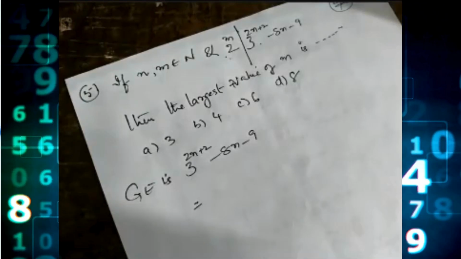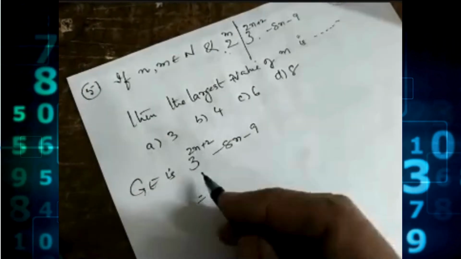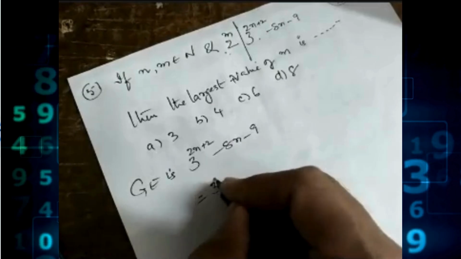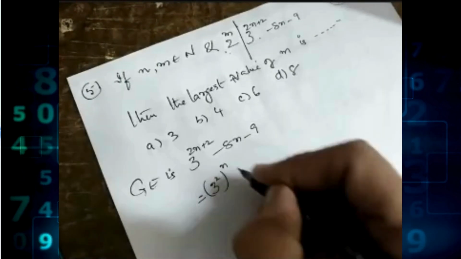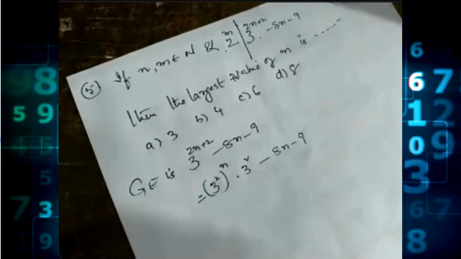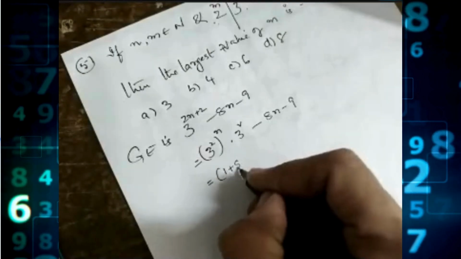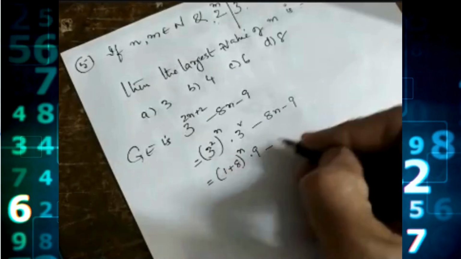We must be able to get 2 power something as a factor in this expression, like 2 square, 2 cube, 2 power 4, 2 power 5, etc. Keeping that in mind, we start with 3 power (2n plus 2), which is (3 square) whole power n into 3 square, minus 8n minus 9. What is 3 square? 9. I am writing this as (1 plus 8) whole power n into 9 minus 8n minus 9.